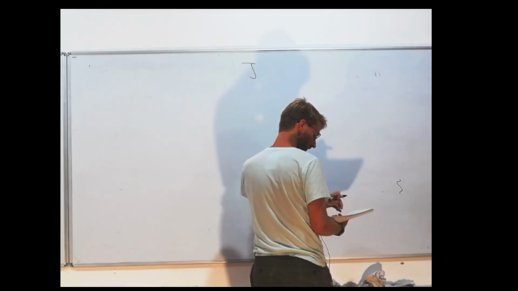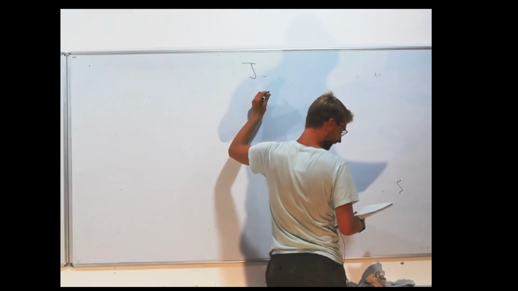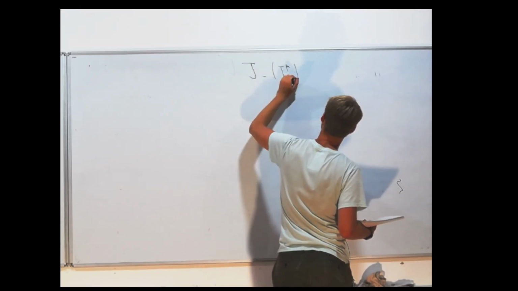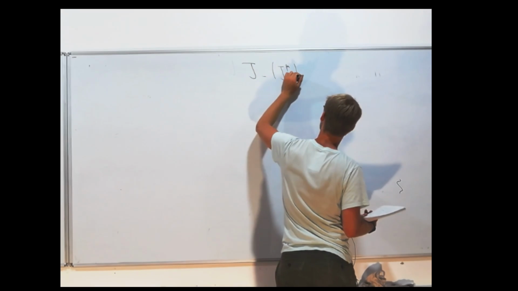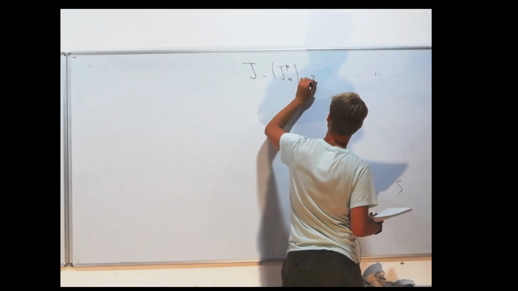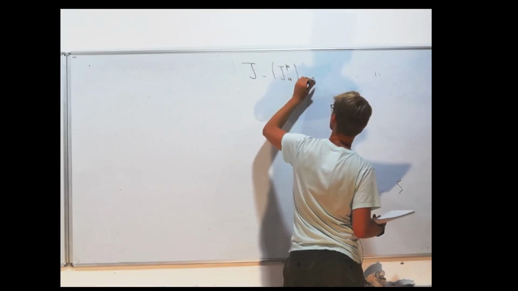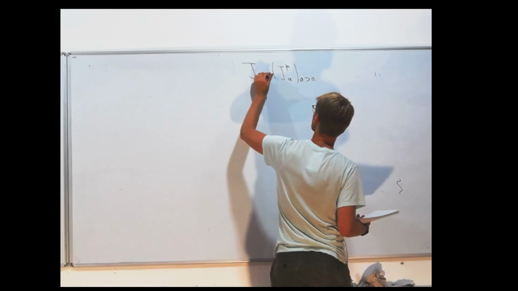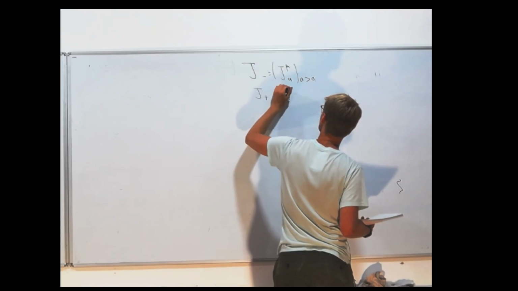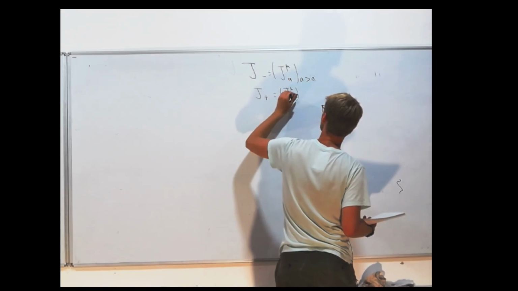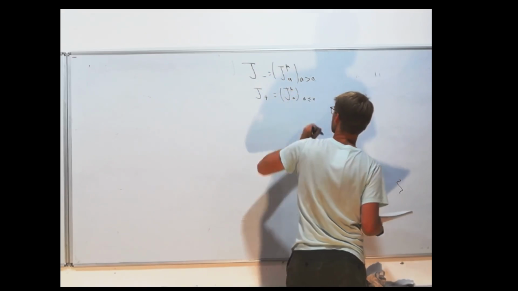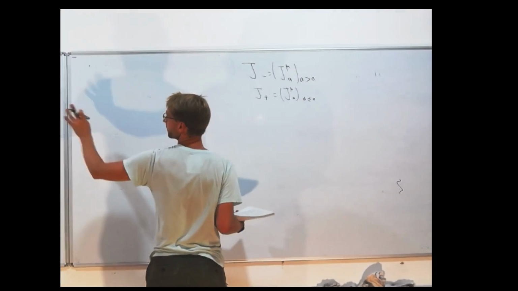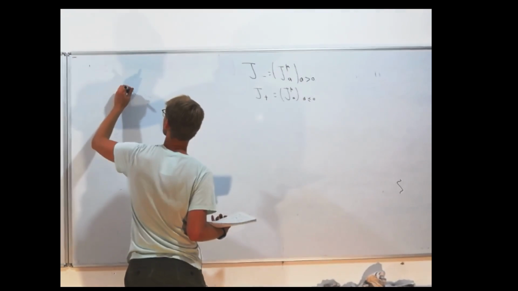Right, so I'm going to write j minus for the subvector of all these j mu a's, where a is larger than 0, j plus for the rest. And what this tells us is that we also have some kind of vector h.